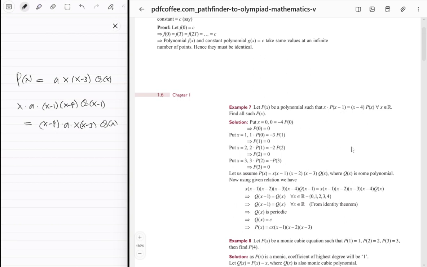Oh, I see, that's a loophole in there, isn't it? What that means is p of 1 is also 0, and then you can keep going. So p of 2 will also be 0, p of 3 will also be 0, and for p of 4 we can't conclude anything because this will actually become 0.